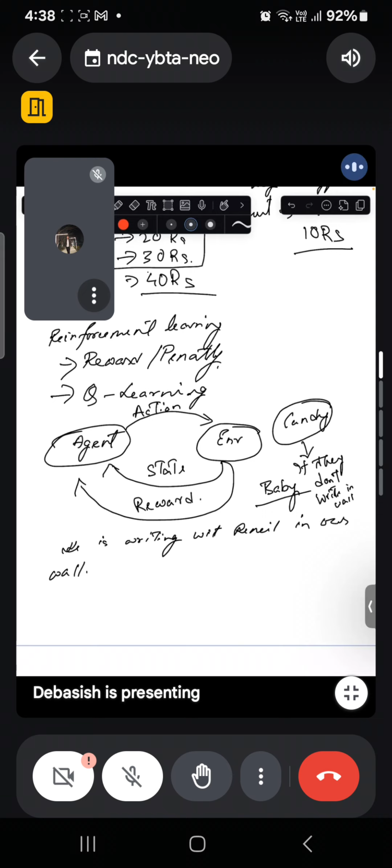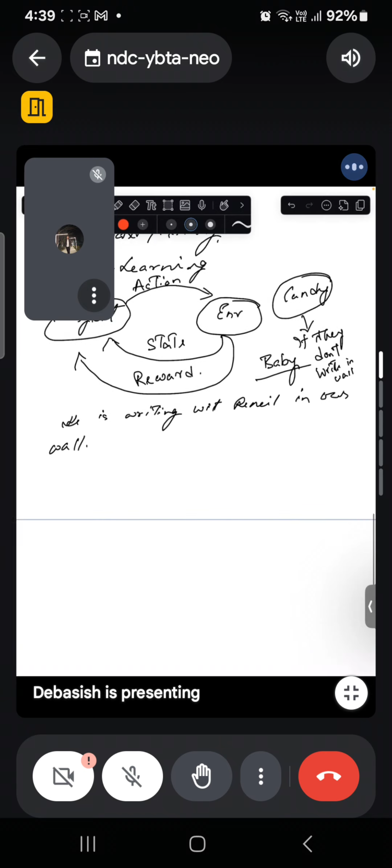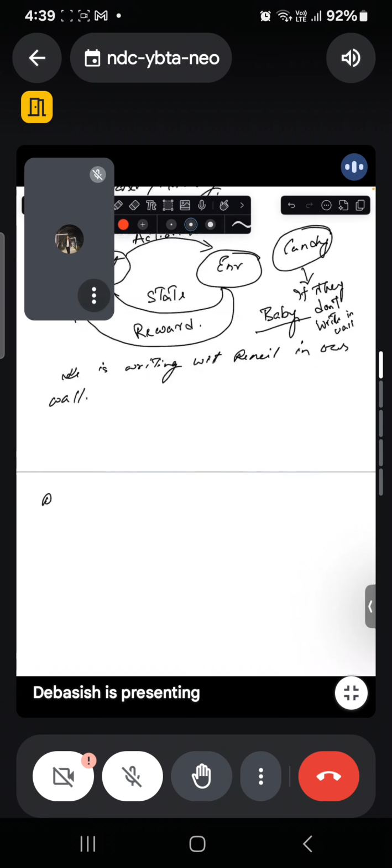So what can you say about reinforcement learning? RL is a branch of ML. ML means machine learning.